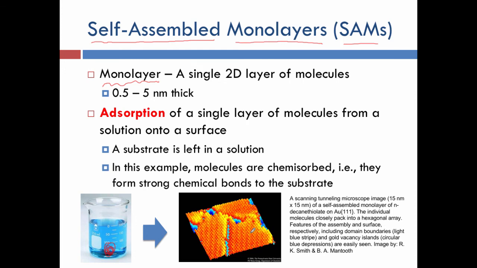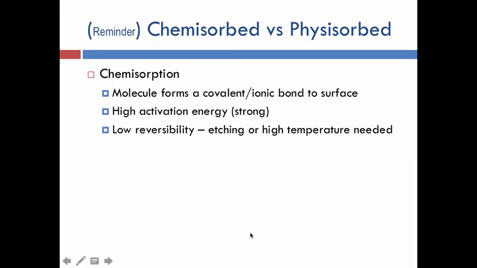All right, so now I'd like to unpack this a little more. But before I do, I want to just remind you of a distinction of our language here. And that is that there's a difference between something that is chemisorbed versus physisorbed. And we're not going to use these terms too much, but the literature does, and I'd like you to be aware of this. So first of all, there's this concept of chemisorption.